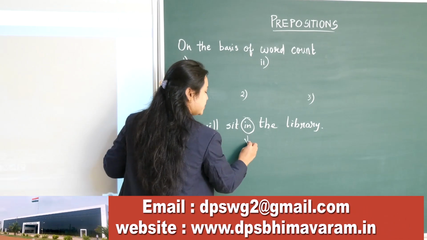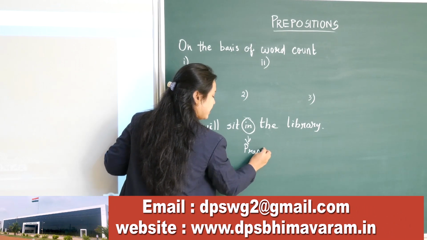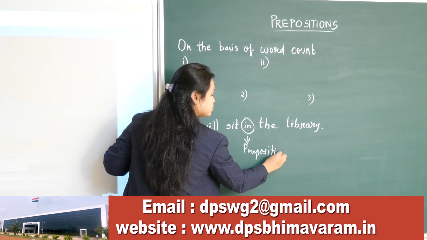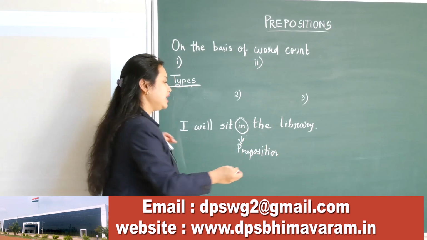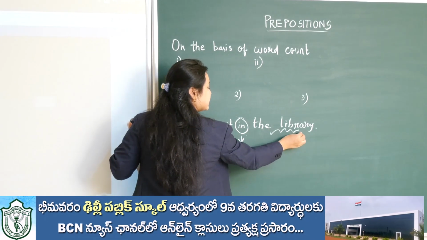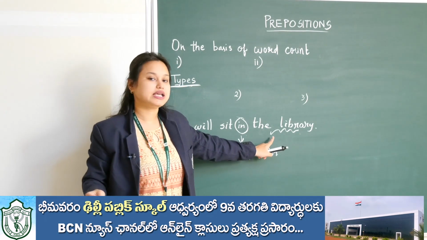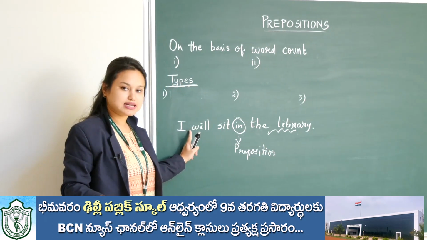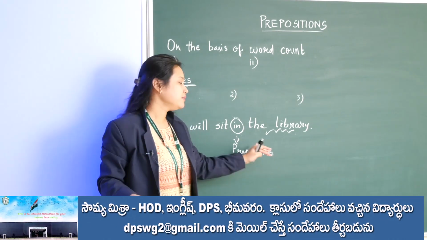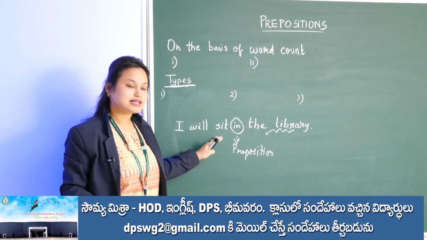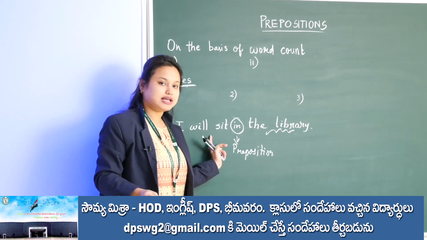So in is the preposition here, and what is it trying to do? It is trying to relate the library, this second part of the sentence, to the first part of the sentence. Why are the first part and second part related? Because we know that the person is going to sit in the library, right?